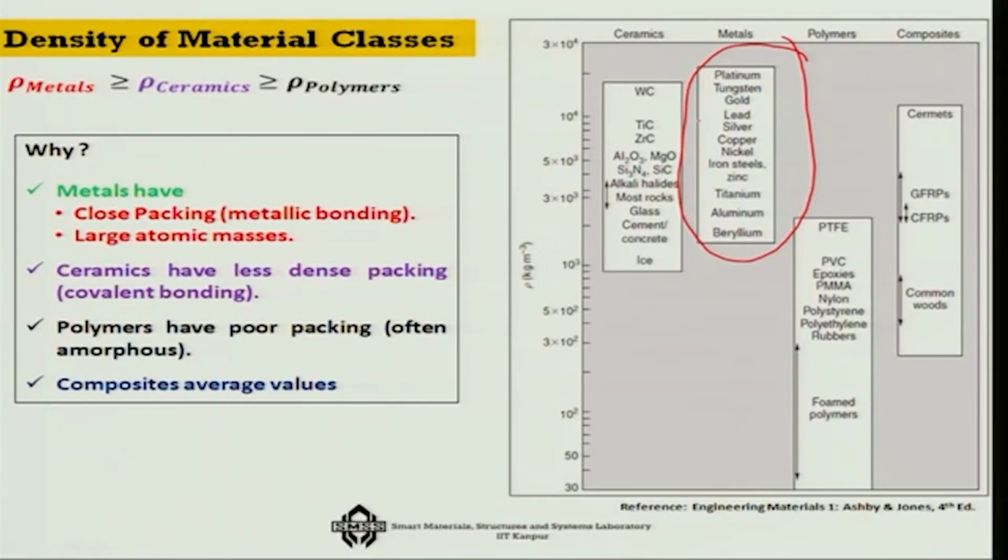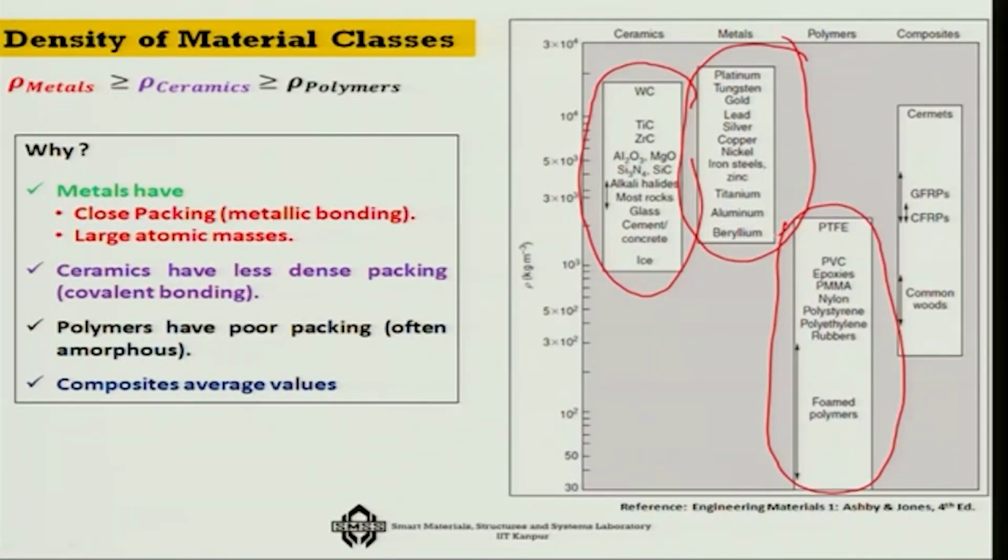They are also comparable density-wise, but if you look at the polymers, they really have very low density, because they have an amorphous structure. Since they have very poor packing, no wonder that even though they consist of some very similar atoms, they have a very low density.